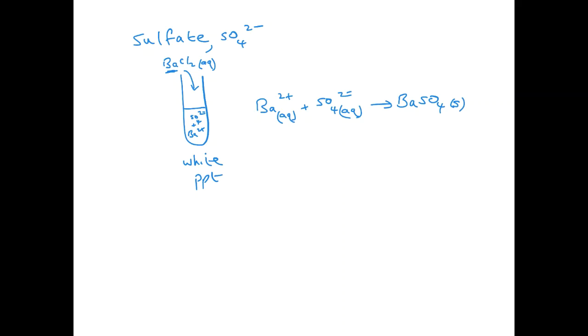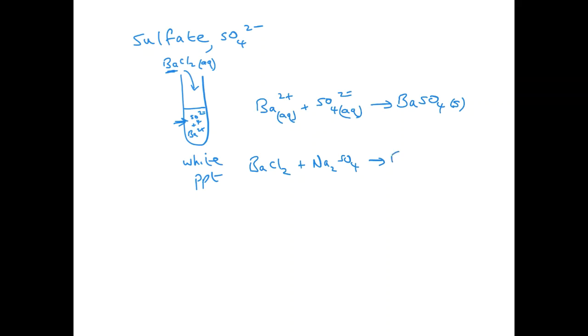So anytime you see barium chloride solution mentioned in a question and it's been added to something, your mind should be thinking, okay, this is a test for a sulfate. Now sometimes you're asked to write out a full balanced symbol equation. So let's imagine the solution here was sodium sulfate. Well, then we'd be reacting barium chloride with sodium sulfate, and the metals just switch places.